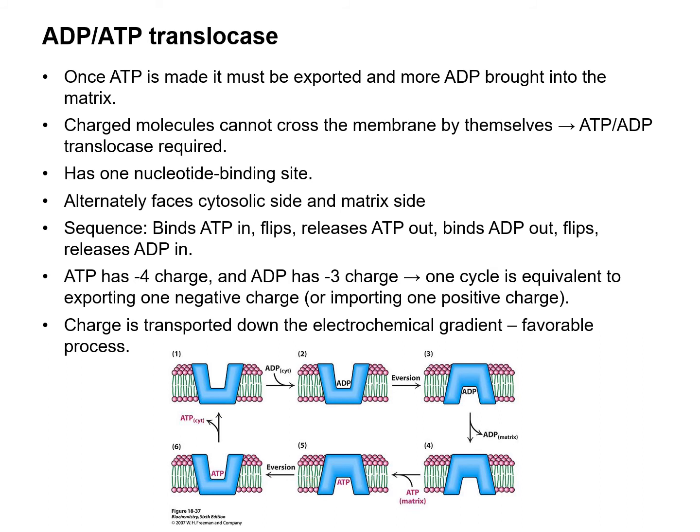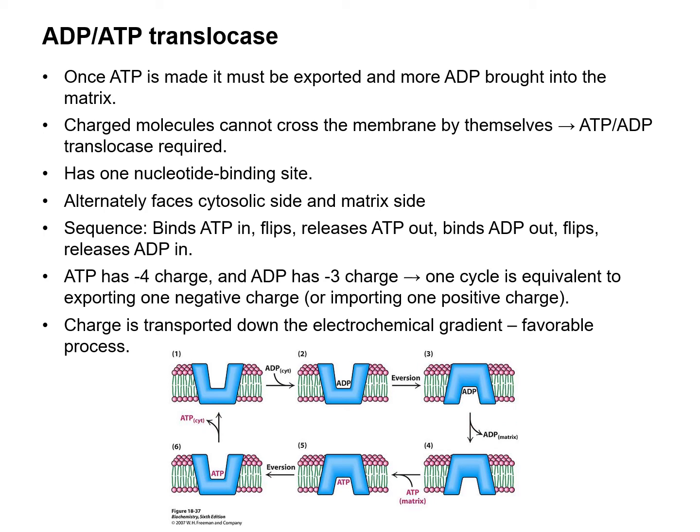So the sequence of steps is this: the ATP-ADP translocase binds ATP in the matrix, then flips and releases ATP outside, then binds ADP outside of the membrane, flips over, and releases ADP into the matrix, and then this cycle keeps going.